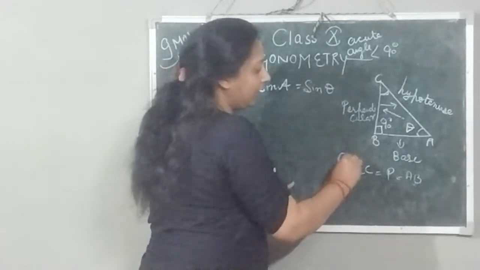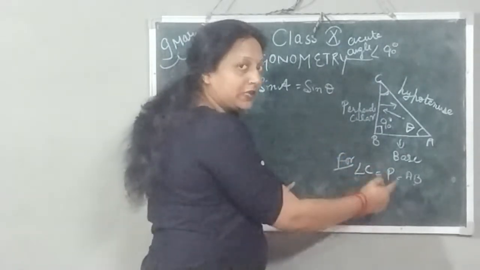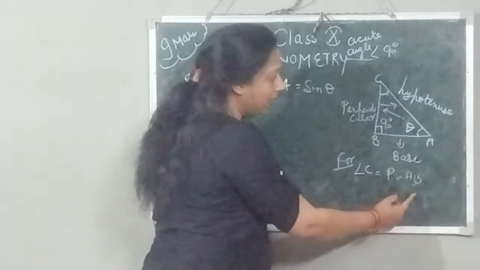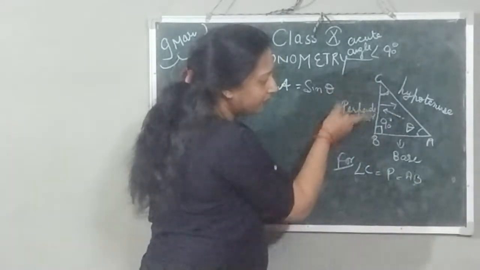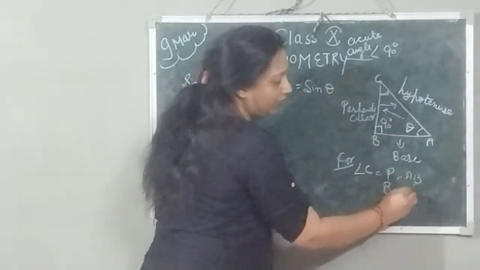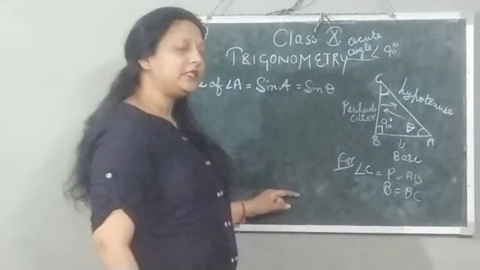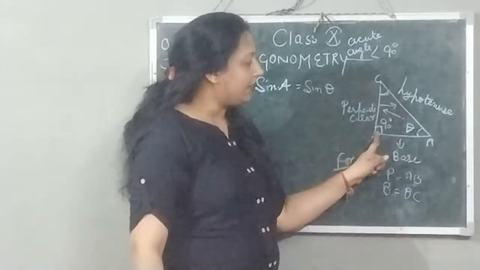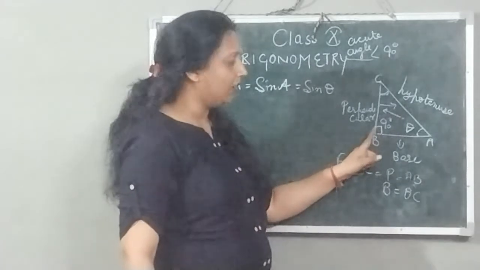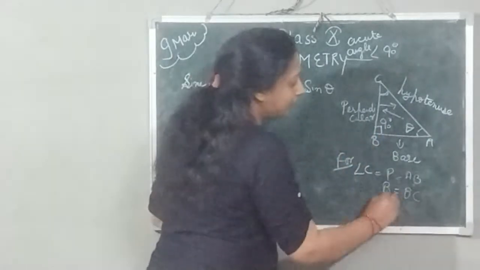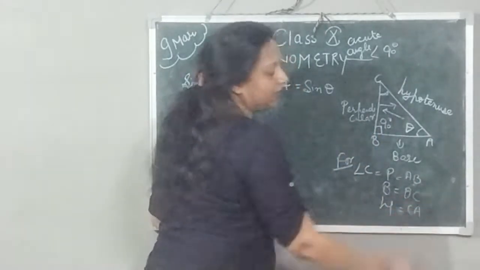For angle C, what is the perpendicular? Perpendicular is AB, and what is the base? That is BC. And hypotenuse will be the same because the right angle is here at point B. So hypotenuse will be AC.